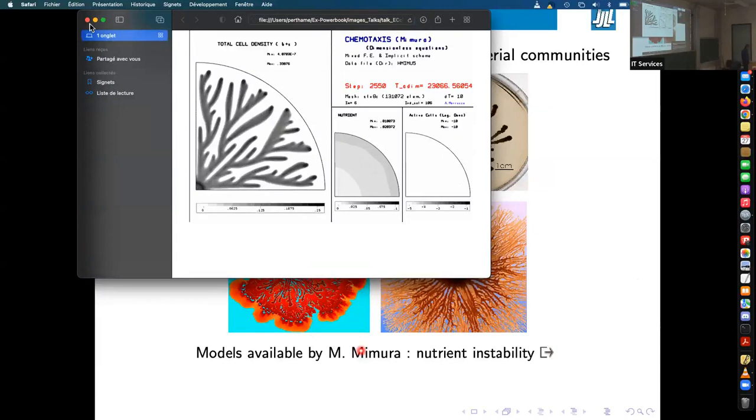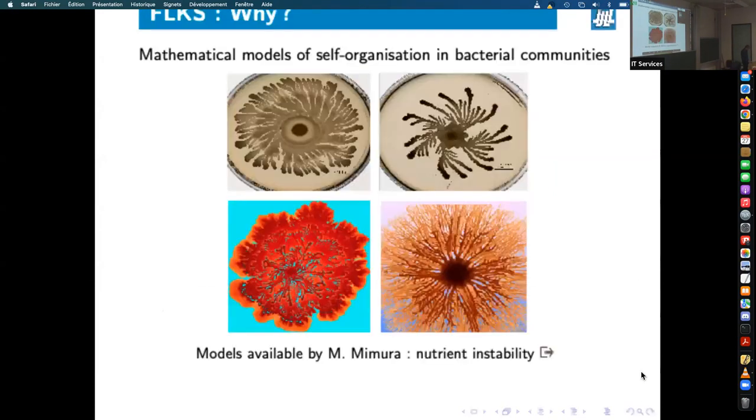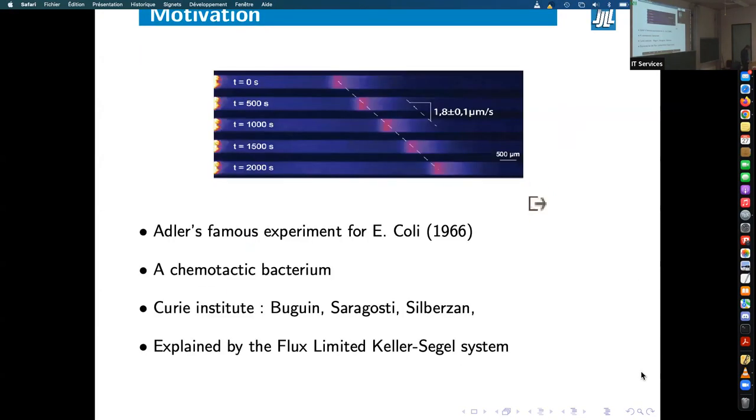So these kinds of patterns are quite interesting. These bacteria are close to Salmonella, those you find in food.